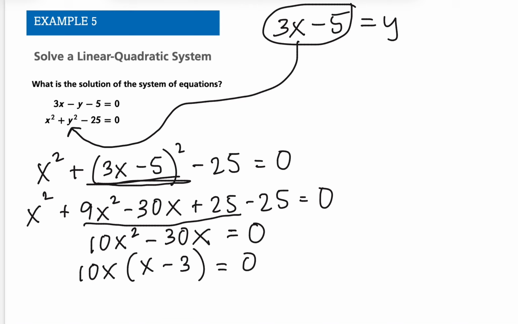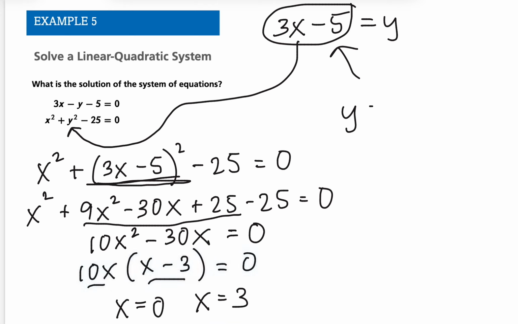So that tells me if I use the zero product property, each of those factors is set equal to 0. So 10x equals 0 means that x equals 0, and x minus 3 equals 0 means that x equals positive 3. So I just found my two x values, and now I need to use either equation. Hint, this equation right here is going to be the easiest. So we're going to use this equation to find our y's.